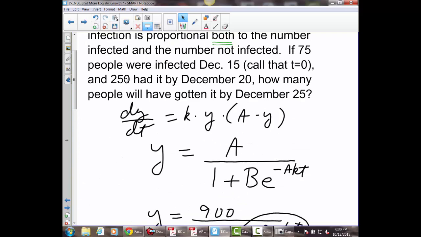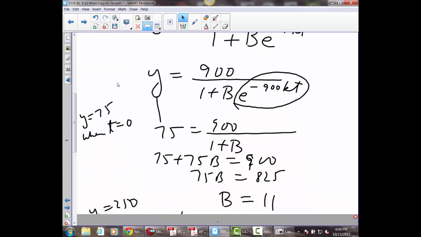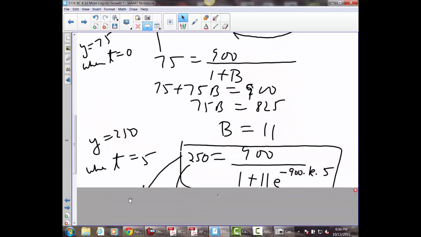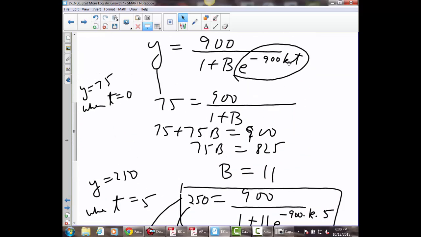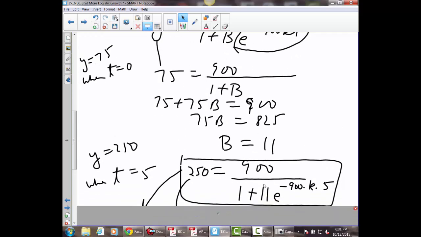But then they give you another initial condition, which is that 5 days later, remember T equals 0 is December 15th, so T equals 5 is December 20th. So when T equals 5, Y equals 250. So now you're going to take our equation, which is basically this equation here, but we replace the B by 11, and then we replace T by 5 and Y by 250.